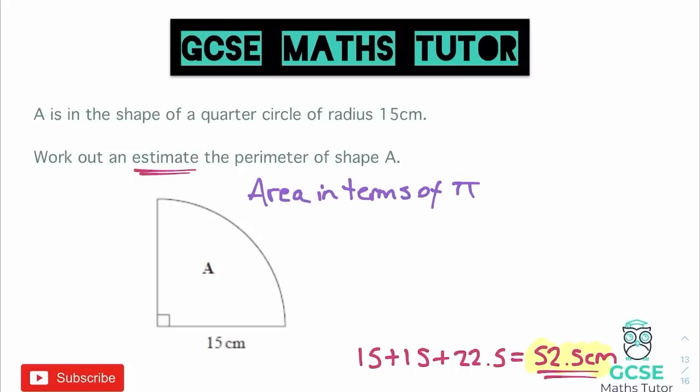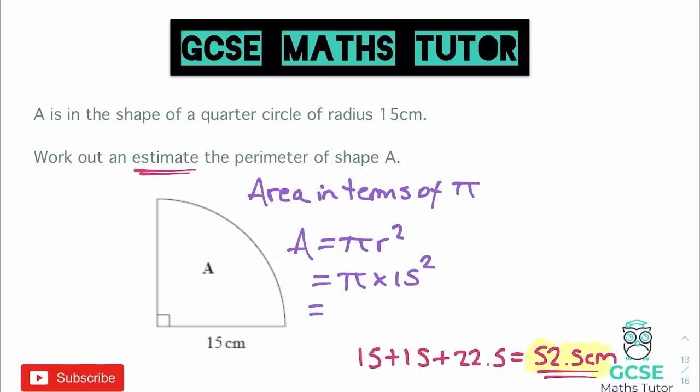what would we do? Now we would still use our area formula, so area is equal to pi r squared. And for this one here, obviously I'm making this up, so we'll have to think about the numbers as we go along, and then we'll have to divide our answer by 4. So we'll work out the area as if it was a full circle. So we would do pi times 15 squared. Now 15 squared you'd have to work out to the side, that's 225.